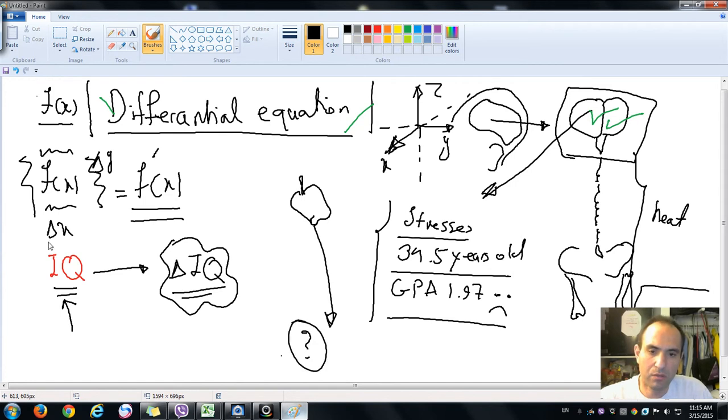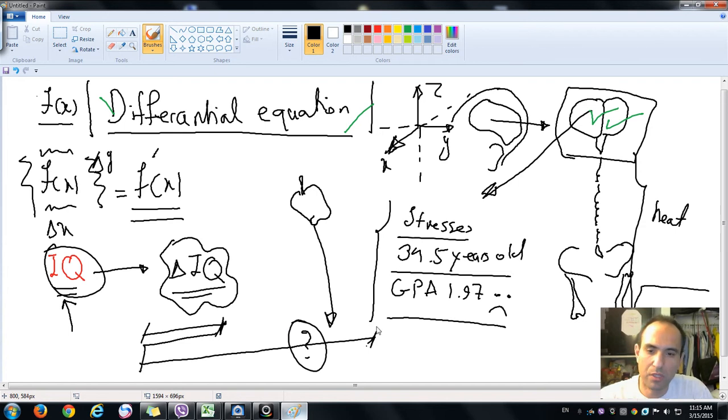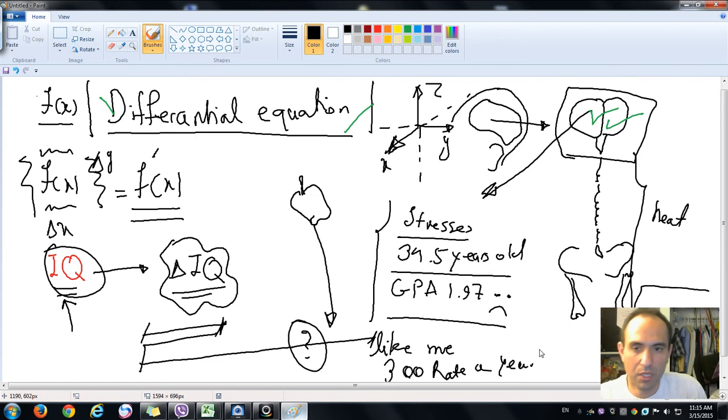I mean, you have some IQ, and your delta IQ is, you know, maybe for a really high IQ person, from this point to this point, maybe a normal person goes here, but a really smart person like me, with a rating of 300 a year, I mean, you put me in a computer and I play a regular game.